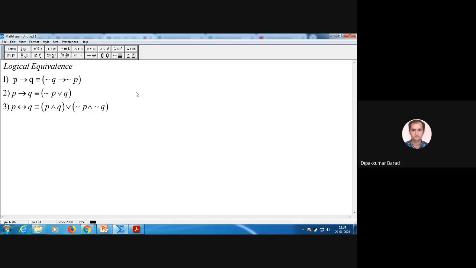If you draw the truth table, then P implies Q if and only if not Q implies not P gives you a tautology.